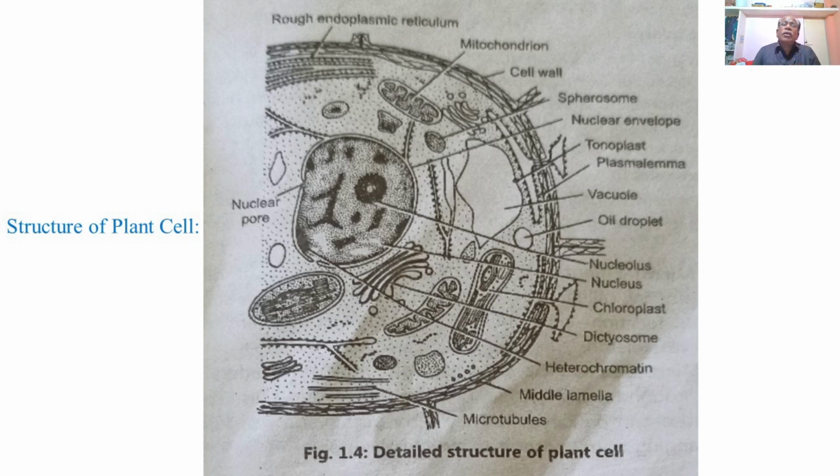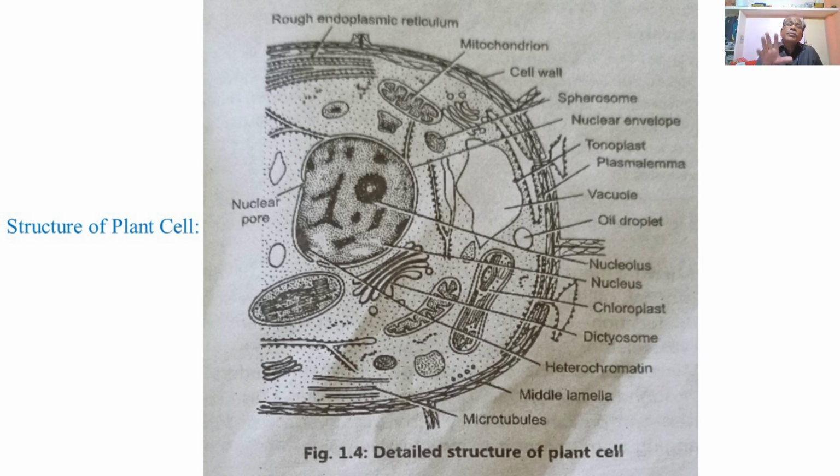And in the center of the plant cell, in the center of the cytoplasm, we can see a conspicuous, prominent structure, the nucleus, provided with a double nuclear envelope or nuclear membrane with nuclear pores or perforations, and containing a central nucleolus surrounded by nucleoplasm containing thread-like structures called chromosomes.